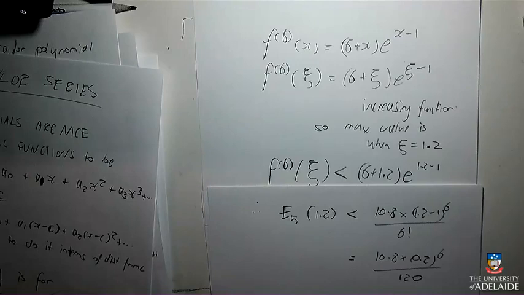And it's okay to just do ordinary calculations like that. 10.8 times 0.2 to the 6, divided by 120.